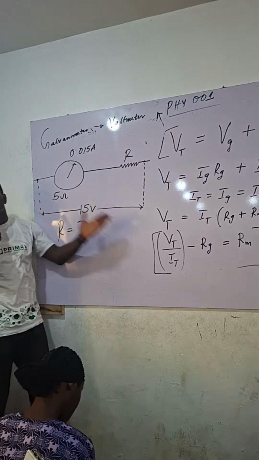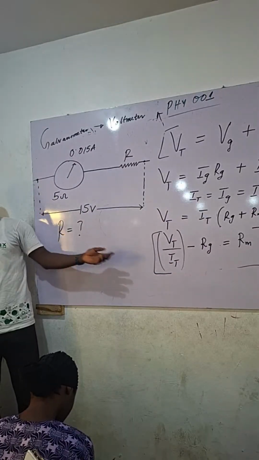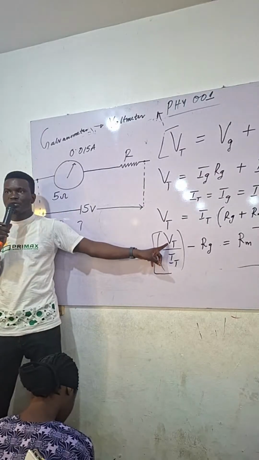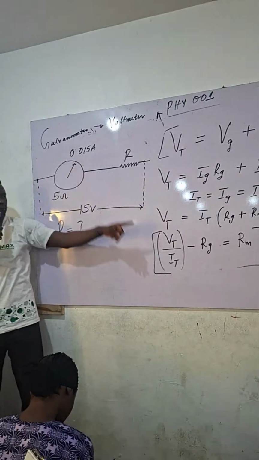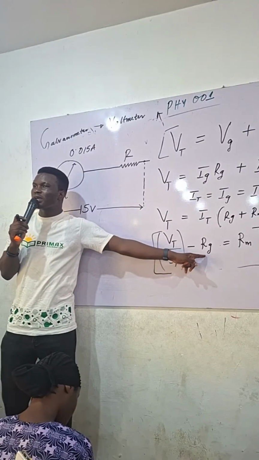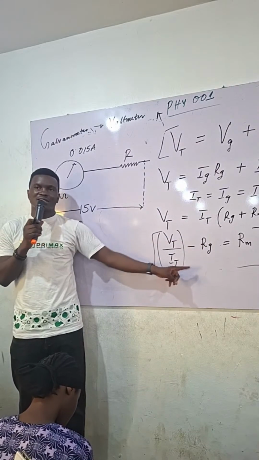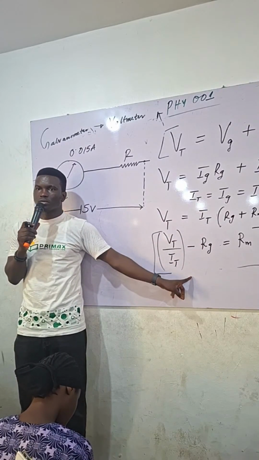So you can see that if you just apply this formula now, you are given the total voltage, and you are given the total current, and you're given the resistance of the galvanometer. Don't make the mistake of saying V_T minus R_G over I_T. You will get the wrong answer.